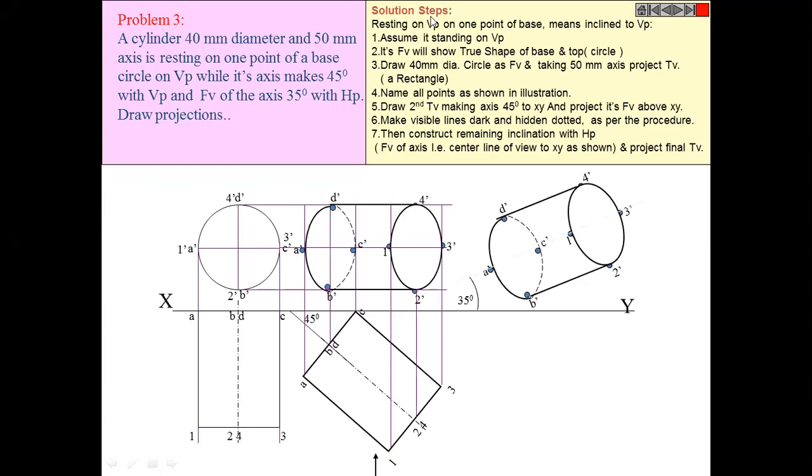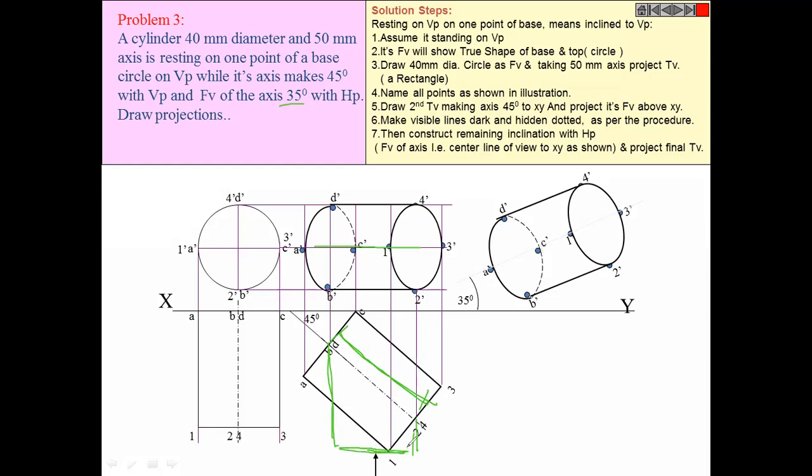So if it was given that the axis is making 35 degrees, because right now the axis is at some angle, we don't know what that angle is. Understand? So it is at an inclined angle. So actually the axis also does not have true length, because you are seeing only this much length of the axis as against the actual, which is this much.